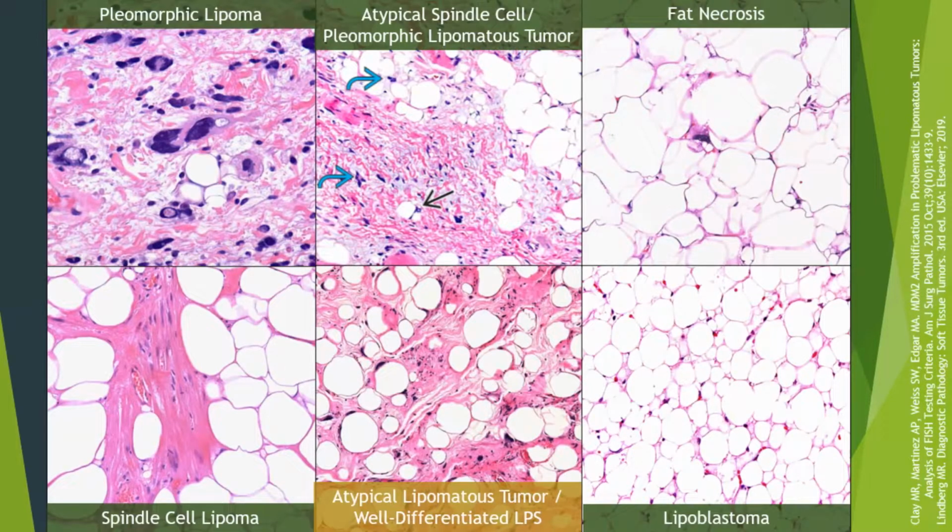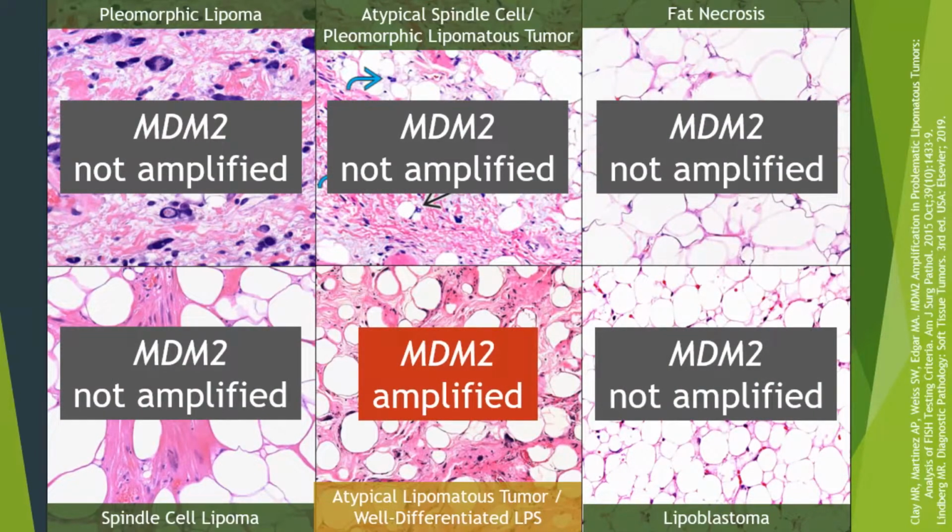There's actually just one case that is atypical lipomatous tumor, well-differentiated liposarcoma, and that is the case at the center of the bottom row. And of these cases, only that one will have MDM2 amplification.